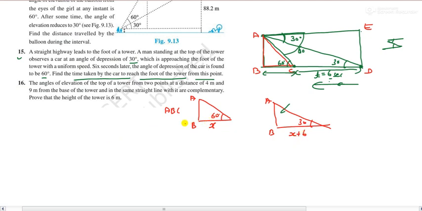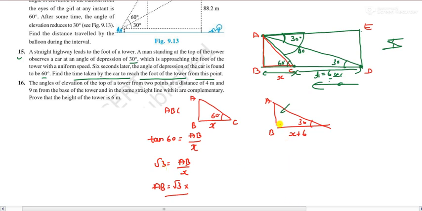Again use tan 60 here. Opposite by adjacent, which is BC. BC is X, which I have taken just now. So tan 60 is root 3, AB by X. So AB will be root 3x. I hope you have understood.